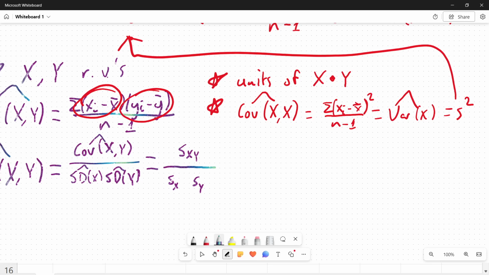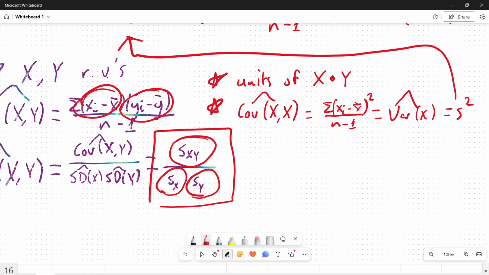Look at the units. Units here are units of X times units of Y. Then I divide by something with units of X, then I divide by something with units of Y. And putting these three circles together, I make some sort of a joke about State Farm Insurance, call or click for a quote today. But what do I see?